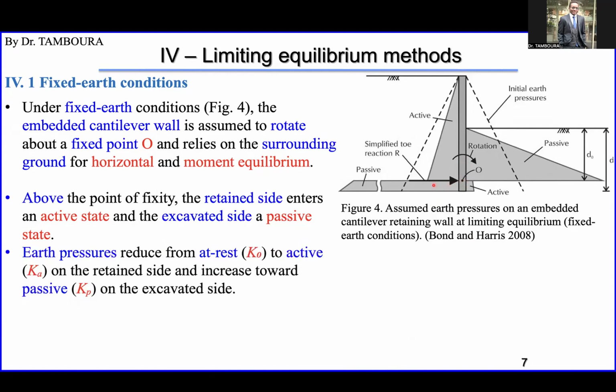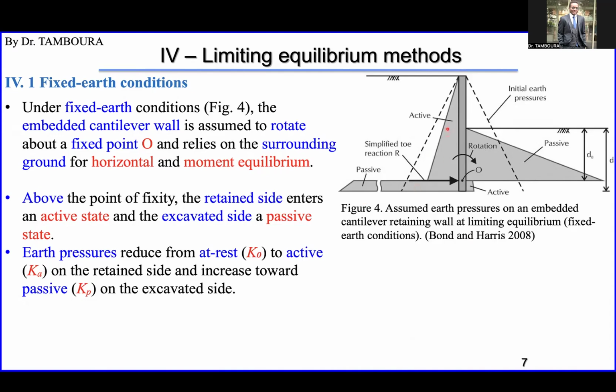For example, below this point, this is passive, this is active. This method is the fixed earth condition. The earth pressure is reduced from at rest, K naught, to active, Ka, the active earth pressure coefficient, on the retained side.